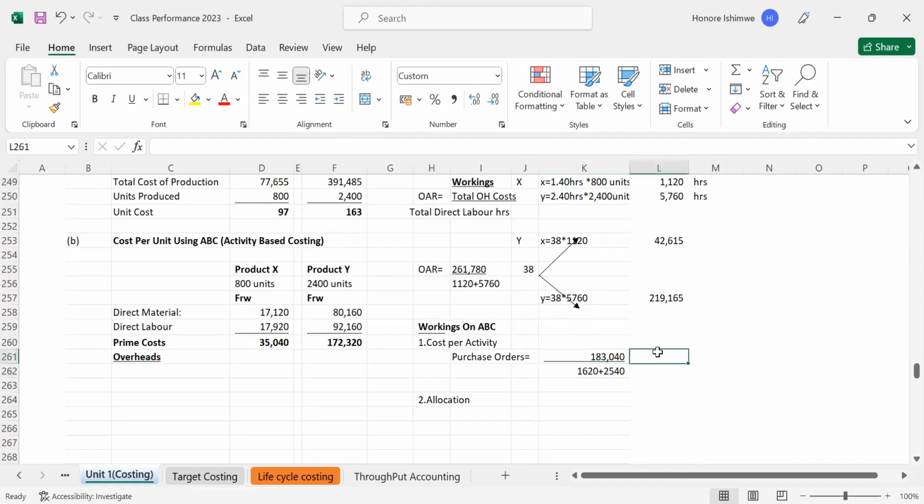Now, what will be the solution for this? It will be very simple. My cost per activity will be this figure, so I will divide it by how much?